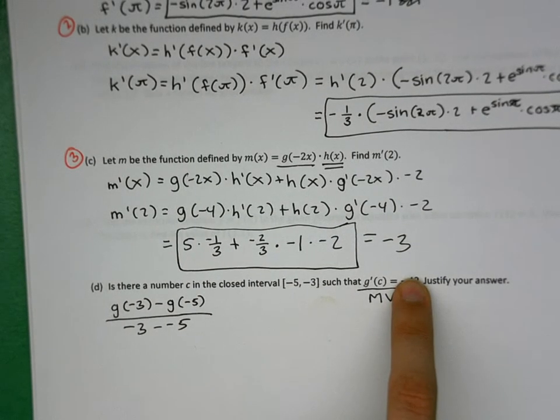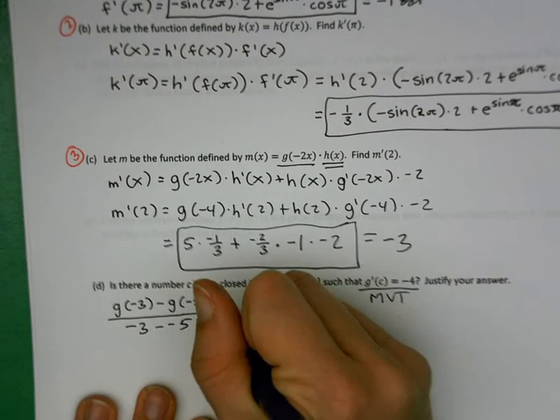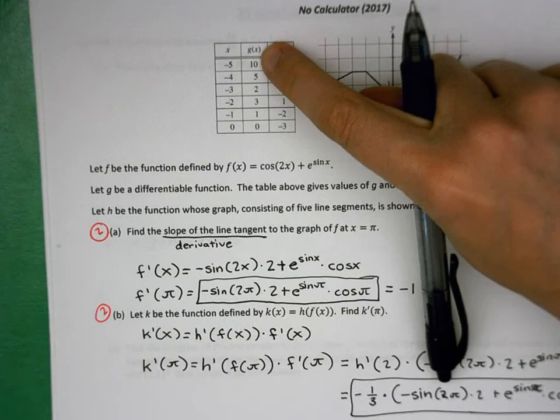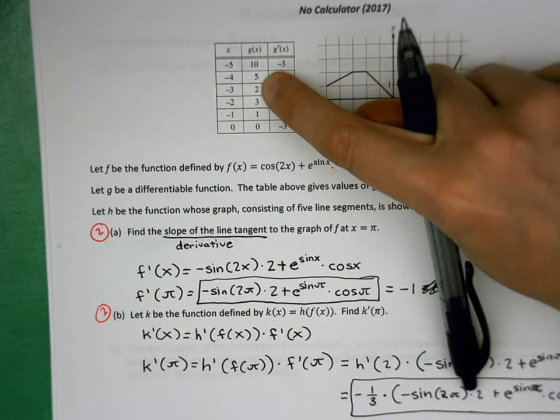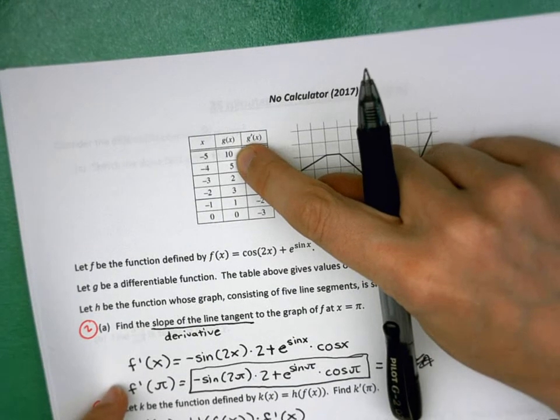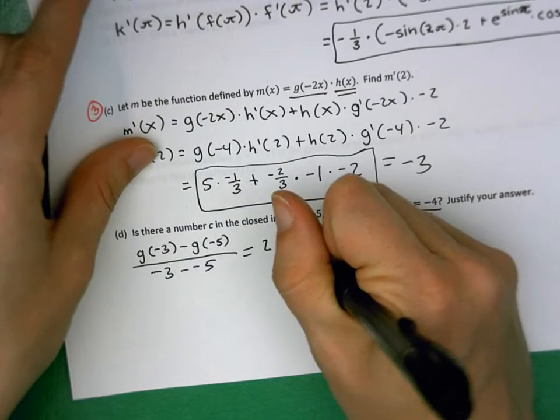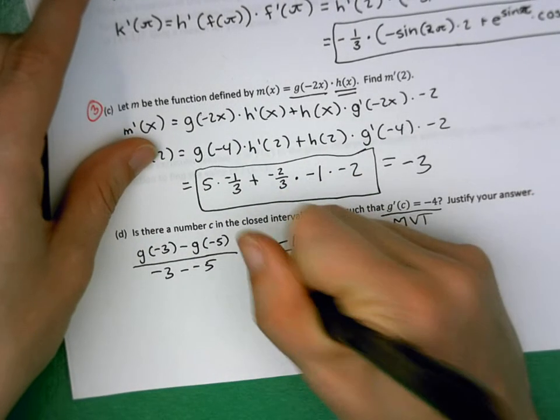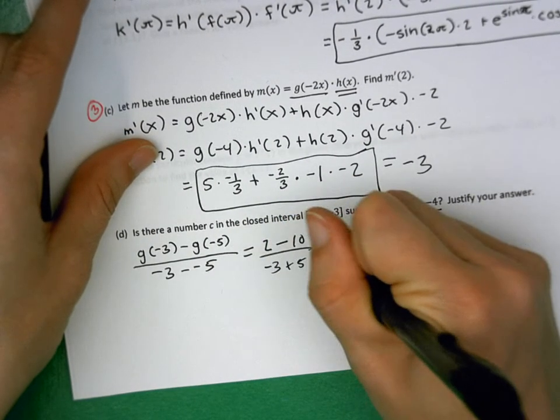Okay, well, g of negative 3 here, if you look up at your table, g of negative 3 is 2. And g of negative 5 is 10. Over negative 3 plus 5, which is negative 8 over 2, or negative 4.